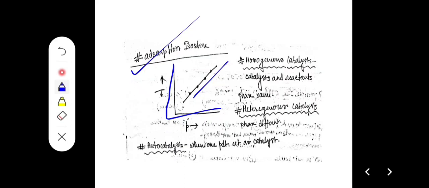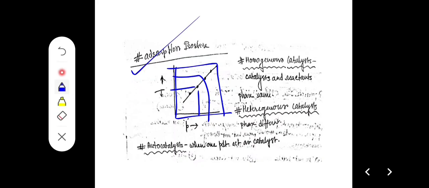So ultimately we get a straight line of this type. When pressure and temperature both increase, there is almost no change, right? Both effects cancel each other, so we get a straight line, like for example.